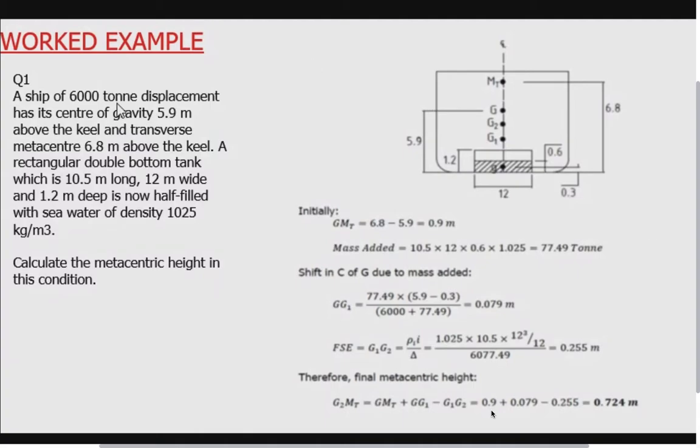By saying that a ship of 6,000 tons, yes. Some students aren't able to join the class. It says the call has reached the maximum number of participants. Is it the first time we are encountering this? I think it's the first time.